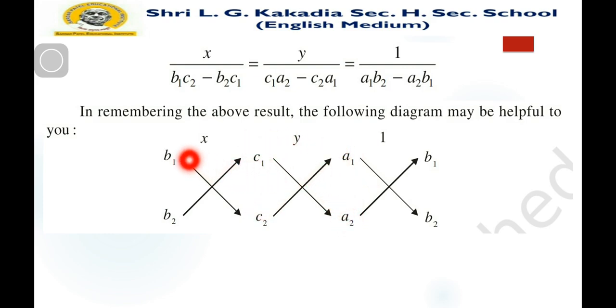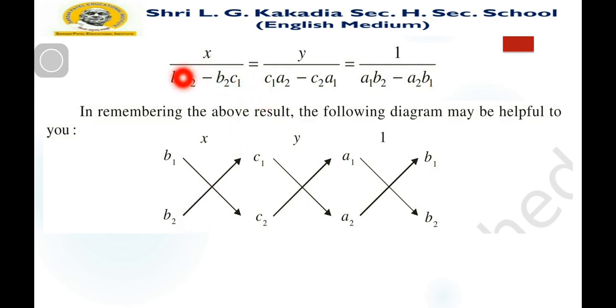Now we put two cross arrows, as you can see here. We put a cross between these coefficients. So first, how can we write the solution?